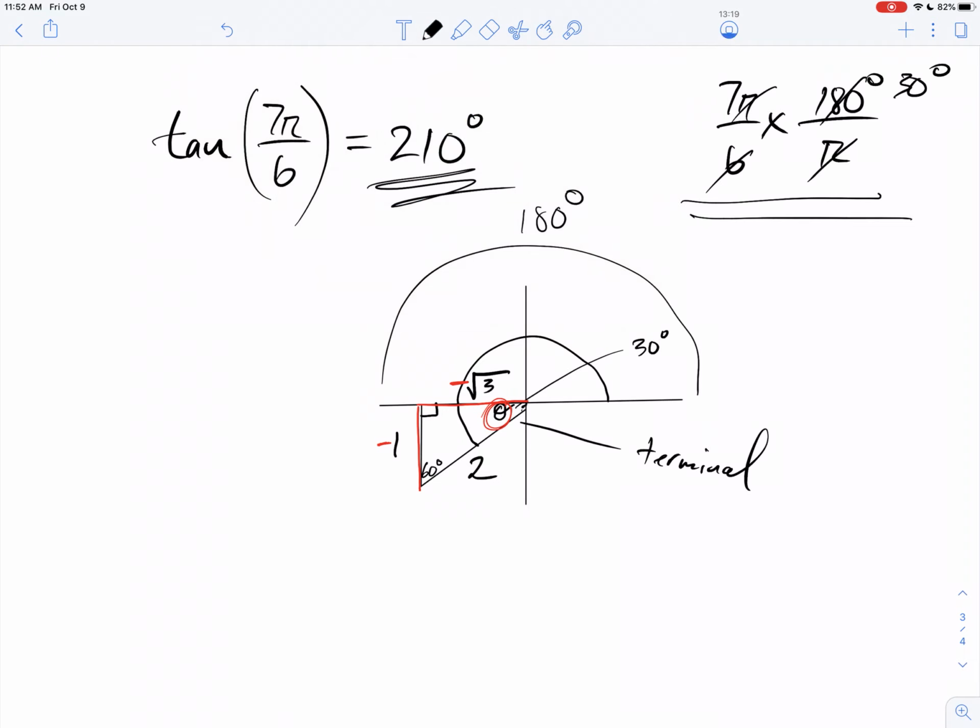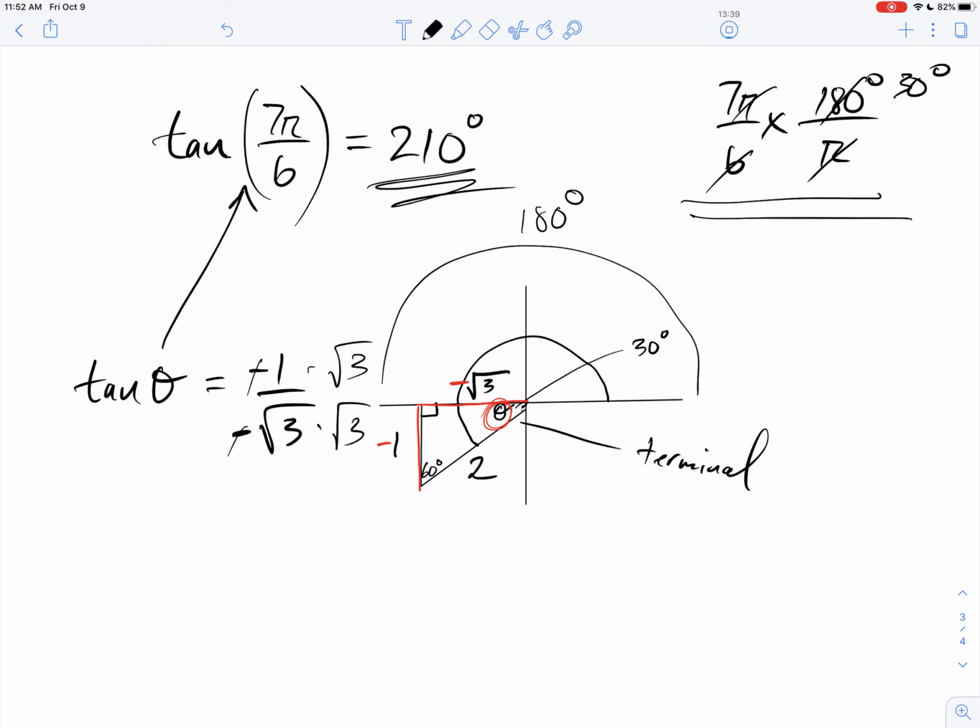The tangent of this angle that I just drew, this reference angle, is going to be the tangent of that. So I do opposite over adjacent. And then I'd say, wait a minute, these negatives cancel. I can get the rad 3 out of the bottom. Surely I could. So my answer that I want is rad 3 over 3.